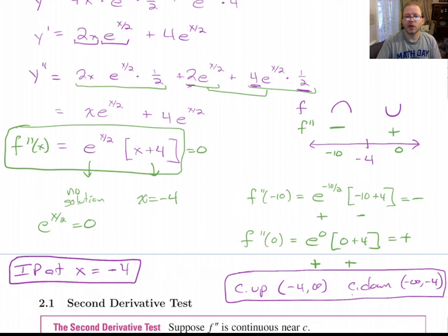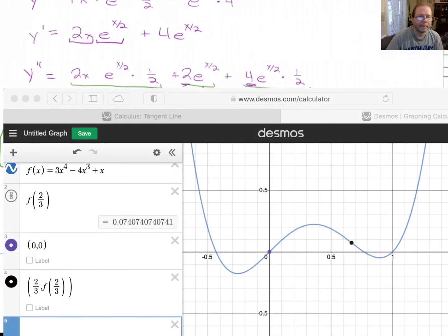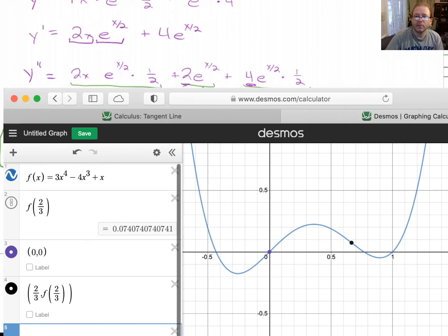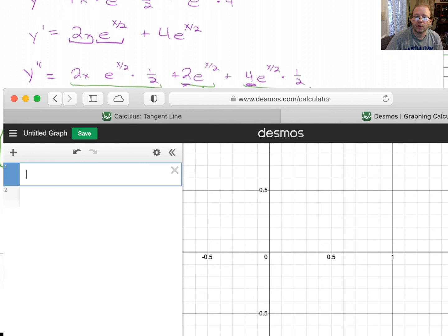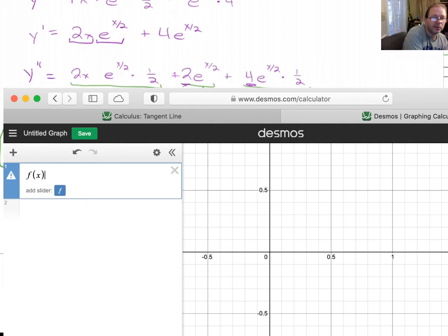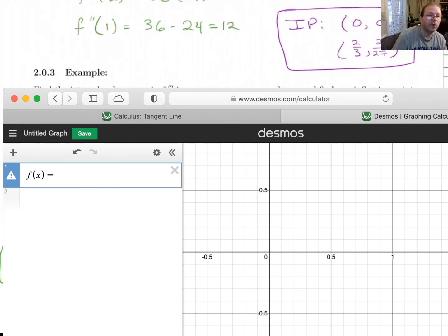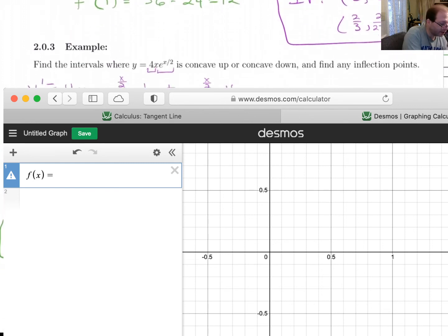And of course, we can check our work on Desmos. So let's do that real quick. I'm going to put in the function f of x equals, let's see, what was it? 4x e to the x over 2.